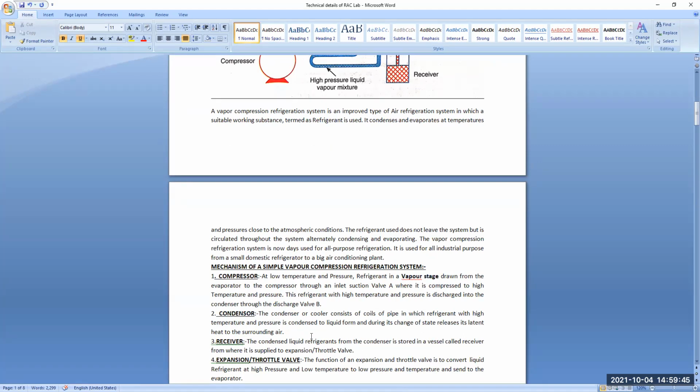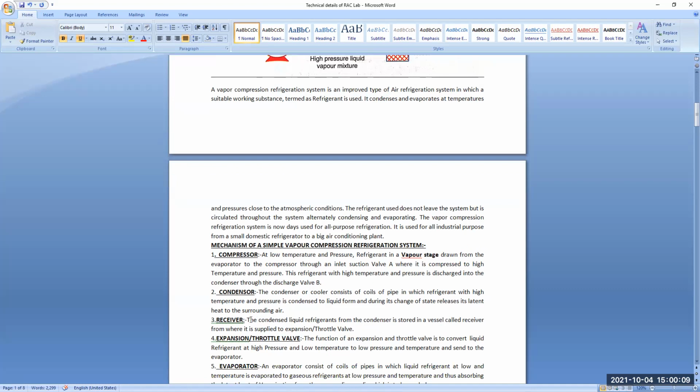It is releasing the heat and condensing the vapor refrigerant to liquid refrigerant, which during the change of state releases the latent heat to the surrounding air. So the surrounding air should be heated to a certain extent.